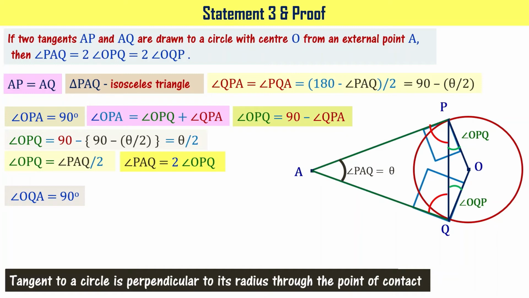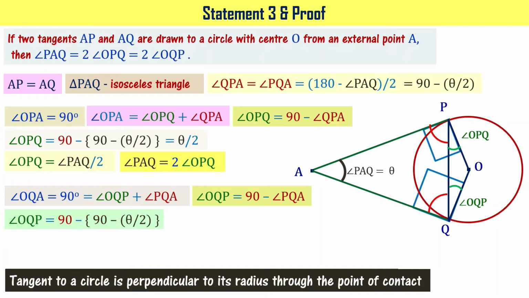From the figure, you can say that that 90 degrees is the sum of two angles. One is shown in green color and the other is shown using red color. Those two are angle OQP and angle PQA, right? Let me rearrange this equation such that I can write angle OQP equals 90 degrees minus angle PQA, right?